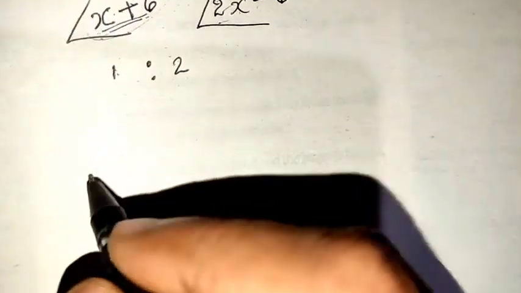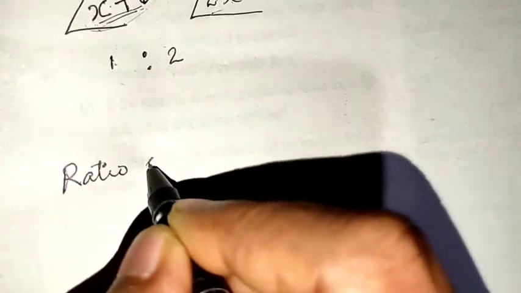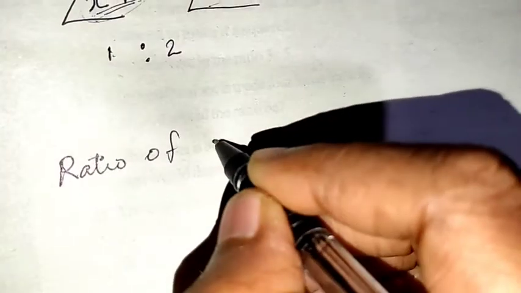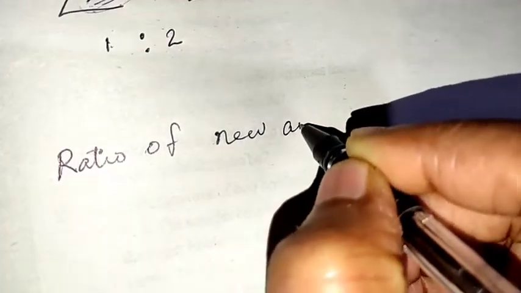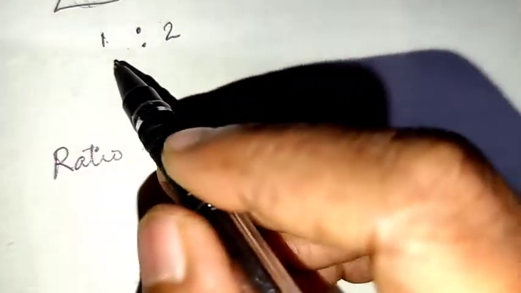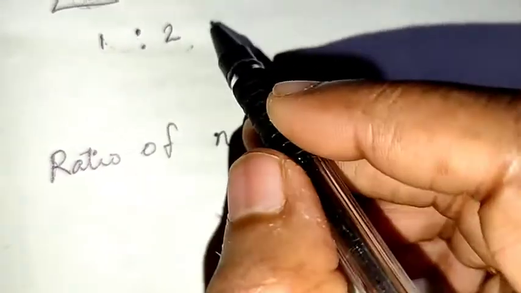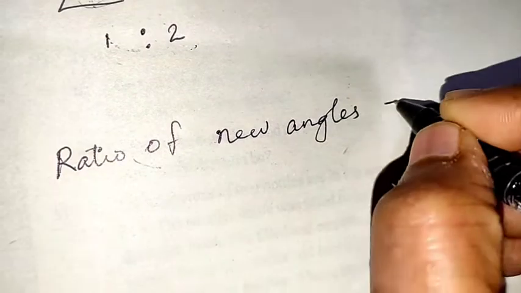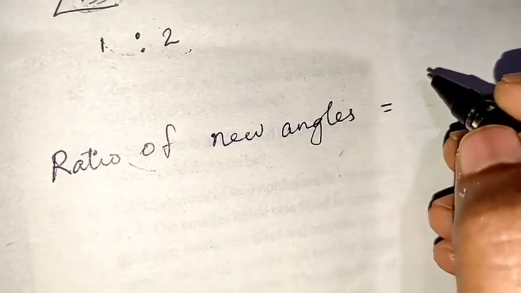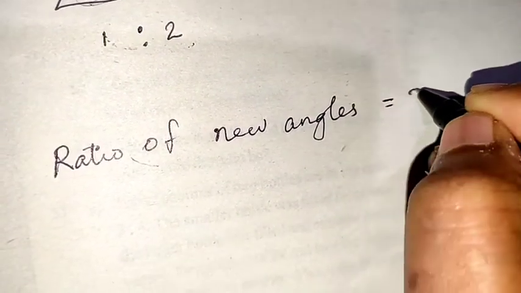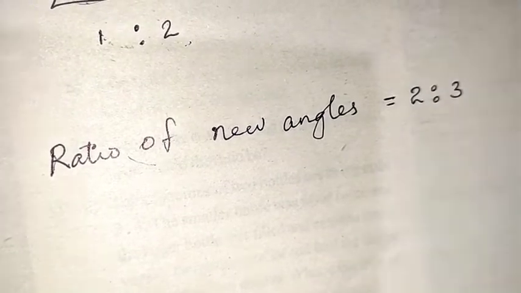Ratio of new angles. The ratio of old angles is 1:2. But the ratio of new angles, what is the new ratio? New ratio is, yes, 2:3.